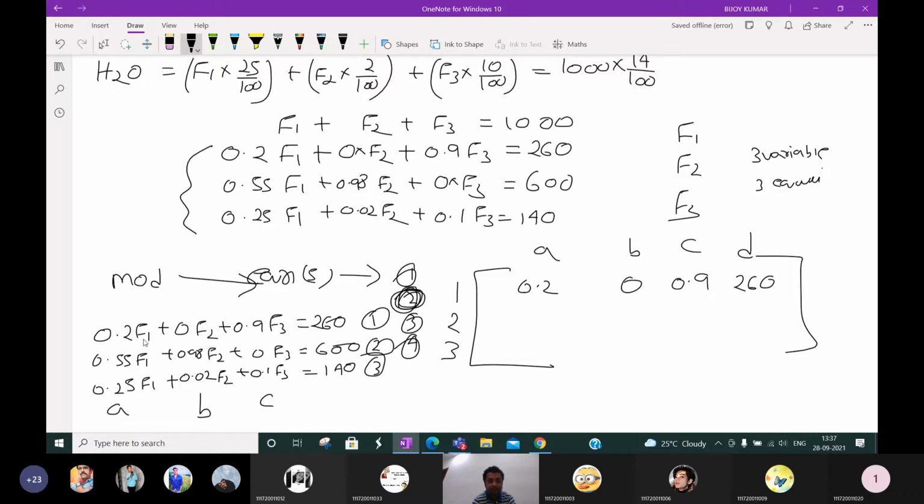In the second equation, it will be 0.55, 0.98, F3 is 0 and it is 600. In the third line, 0.25, 0.02, 0.1 and it is 140. Okay, Jeevan, are you solving it?